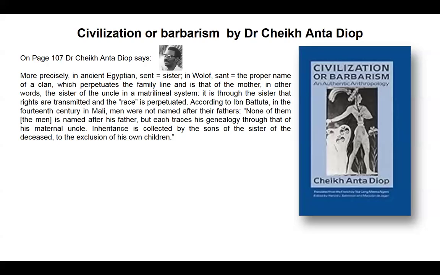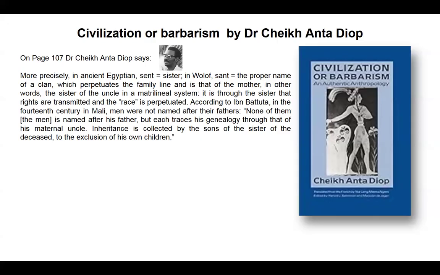According to Ibn Battuta, in the 14th century in Mali, men were not named after their fathers. The man is named after his father, but each traces his genealogy through that of his maternal uncle.